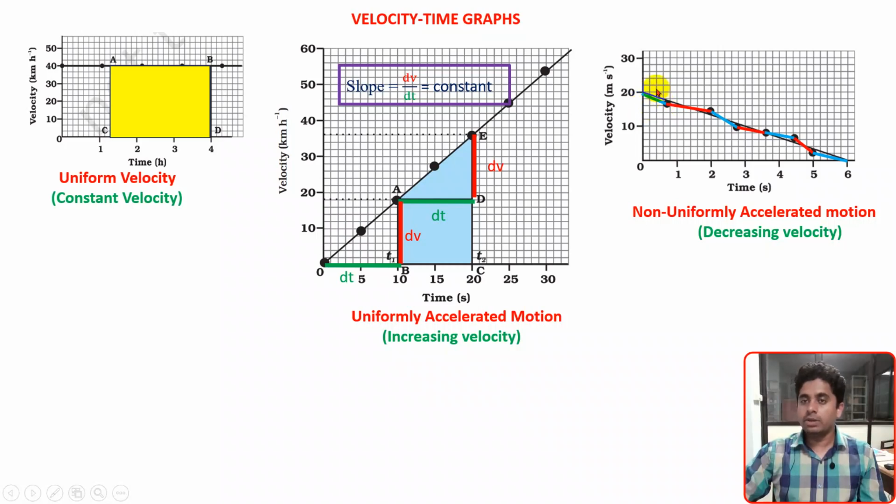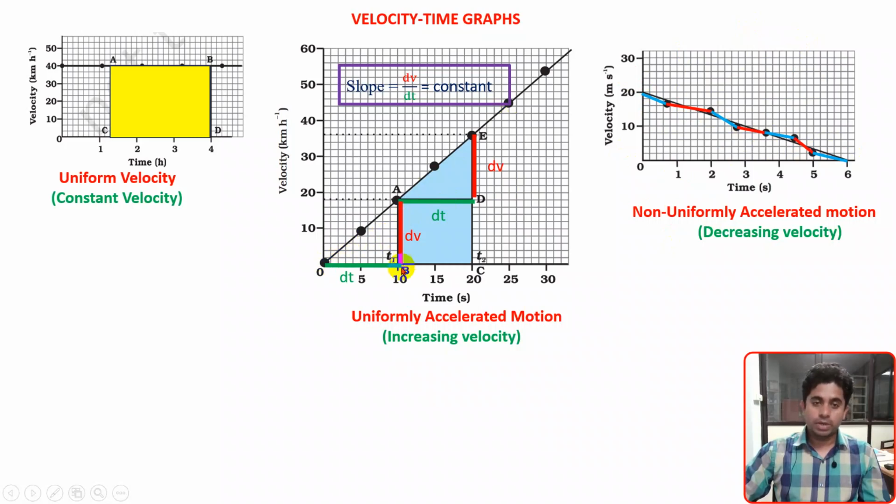If I calculate dv by dt for this segment and compare it with any other segment, will they be equal? No, because for every segment the slope of these lines is different, and here velocity is decreasing. That's why we'll call this motion non-uniformly accelerated motion.